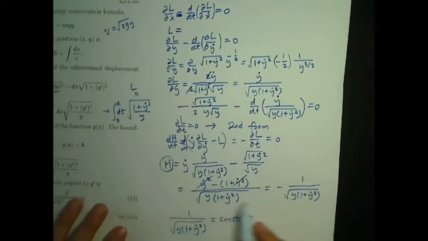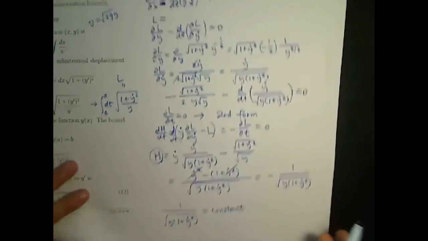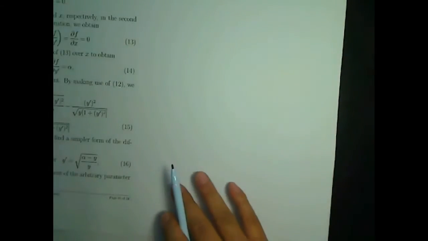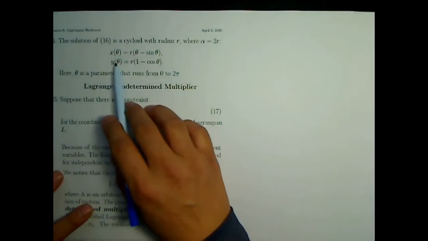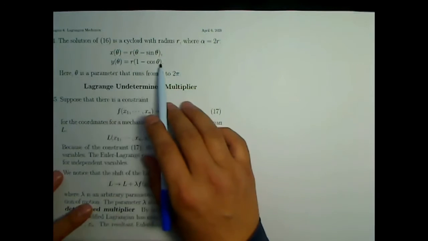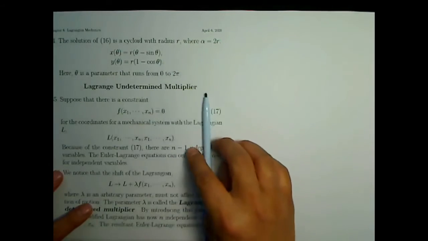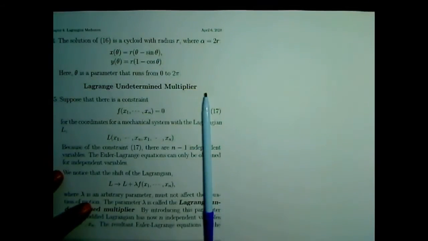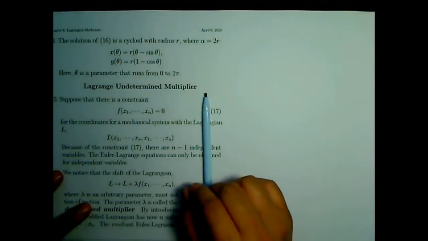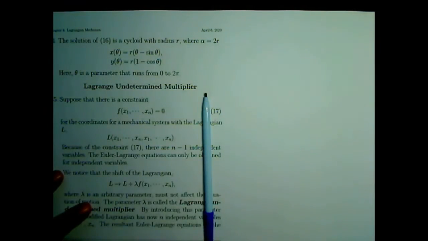Therefore, this is constant. This constant means, if you study further, that one reproduces the cycloid. And the cycloid is actually the trajectory of a point on the rim of a circle when it is rolling.